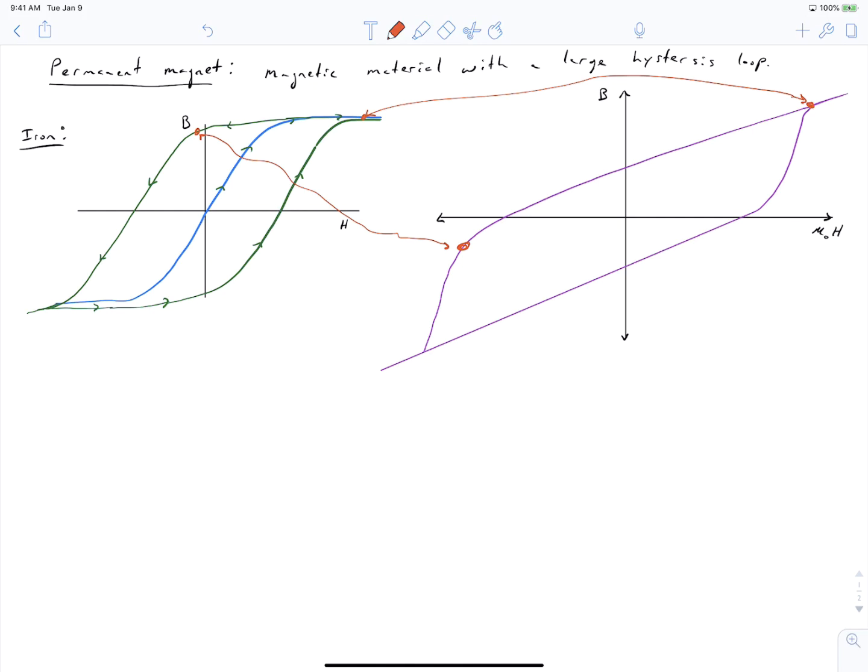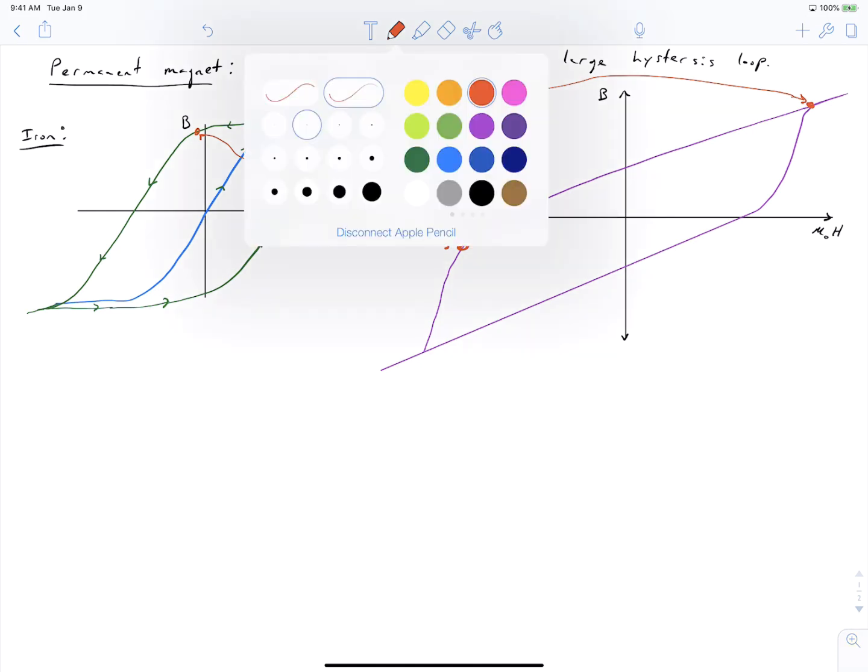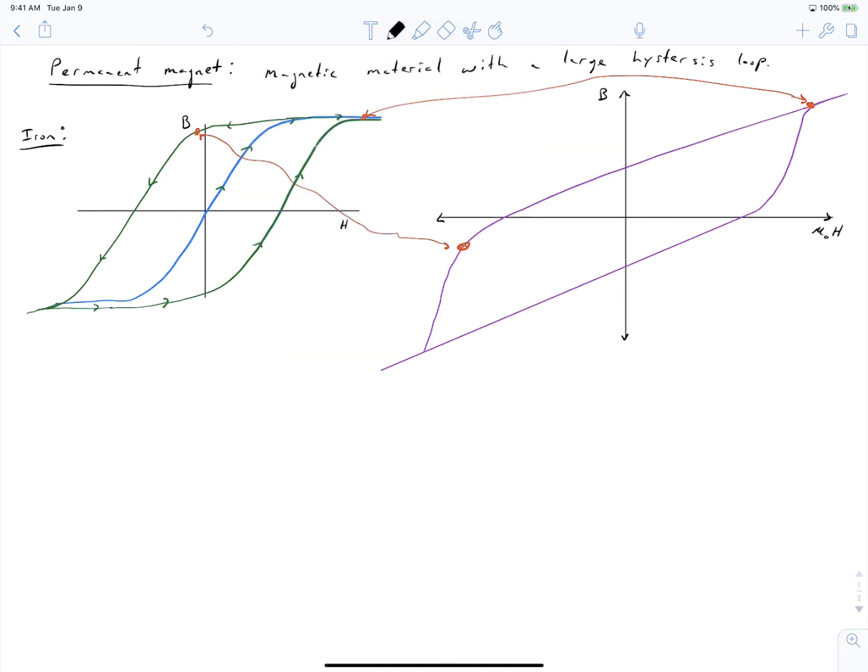So you can see that the magnetic BH curve looks different. It exaggerates that region. And the slope of this line is mu r. The reason it's mu r is because we're graphing B versus mu naught times H. So the slope of this line right here is mu, because in this case we have no mu naught in front of H.